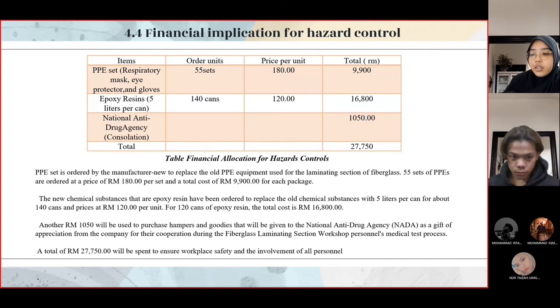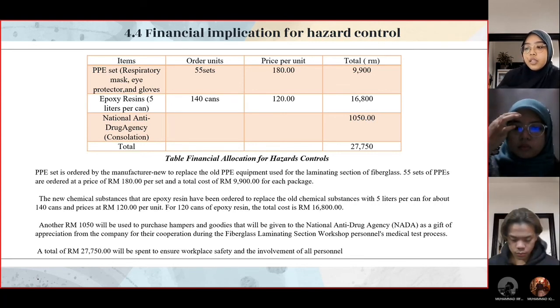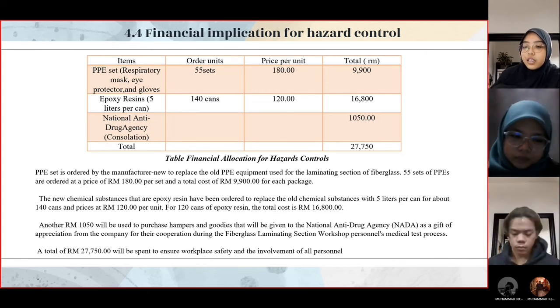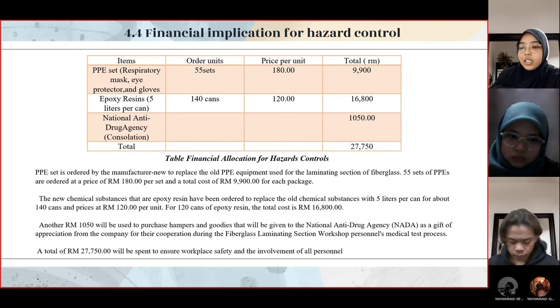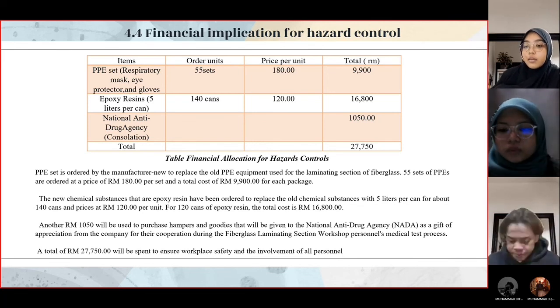For 140 cans of resin, the total cost is 16,800. Another 1,050 will be used to purchase hampers and goodies that will be given to the National Anti-Drug Agency (NADA) as a gift of appreciation from the company for their cooperation during the fiberglass laminating section workshop personnel medical test process.